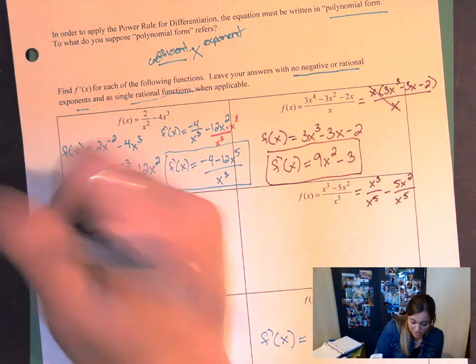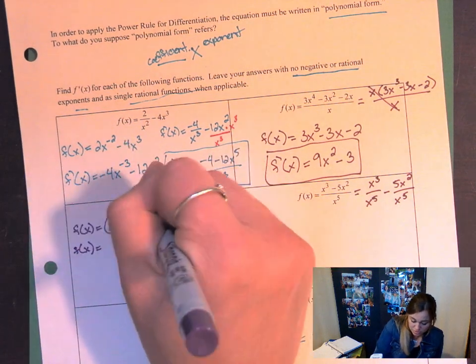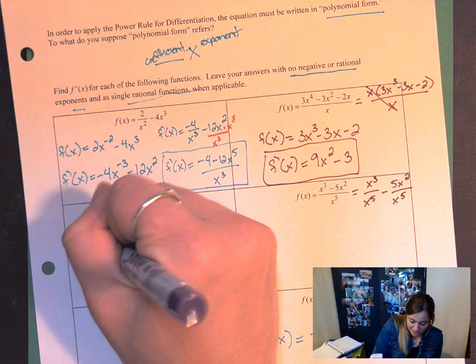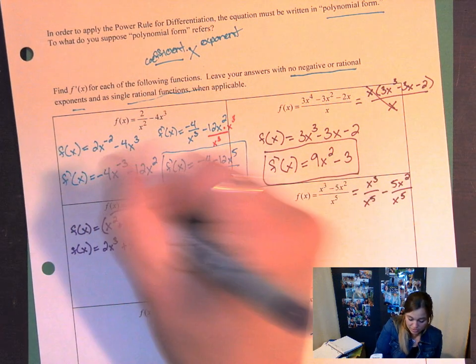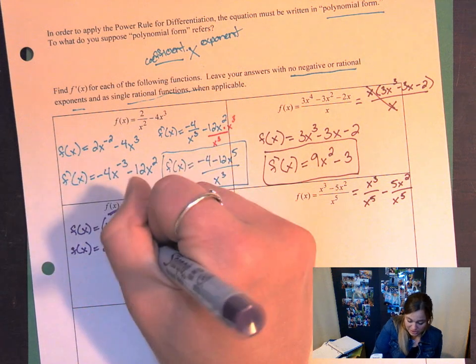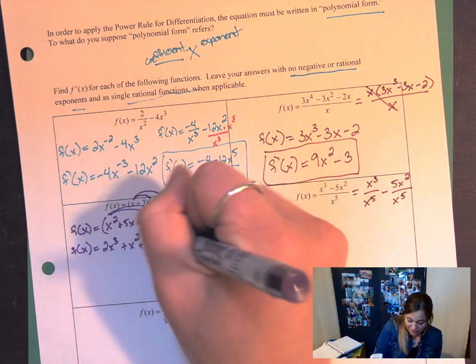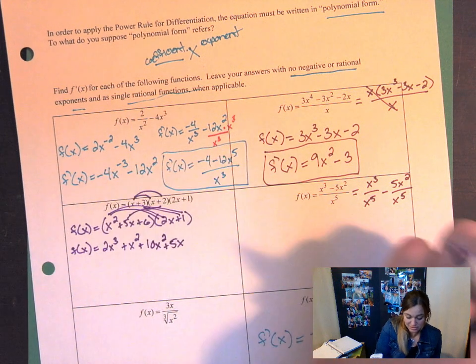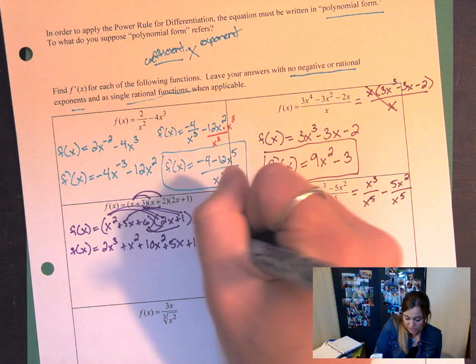And so I'm going to say f of x is equal to 2x cubed plus x squared, because I took it here, plus 10x squared plus 5x, because I did this, plus 12x plus 6.